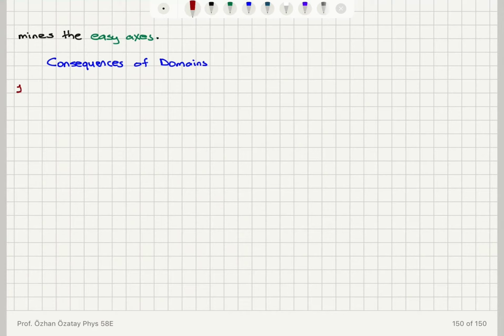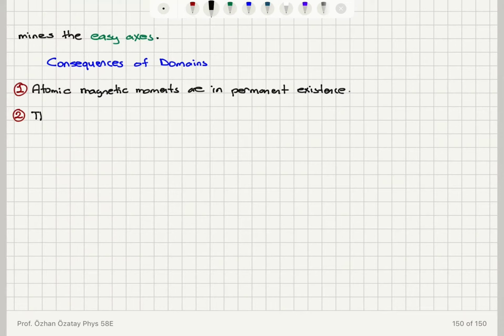One, these atomic magnetic moments are not canceling each other, they are in permanent existence, so that we get saturation within a domain. Number two, the atomic moments are ordered even in the demagnetized state.